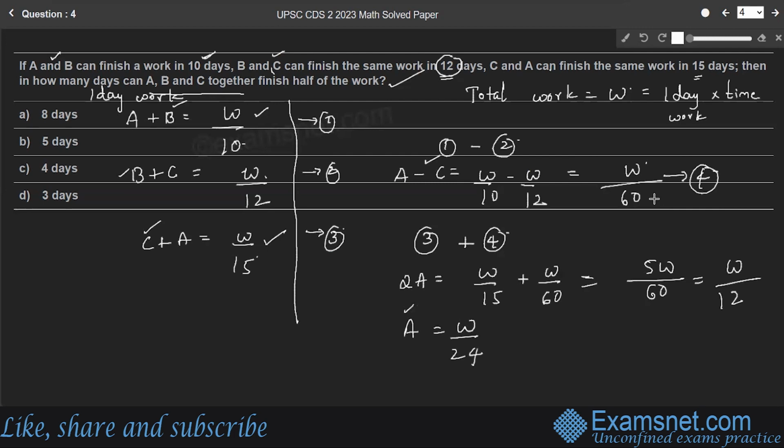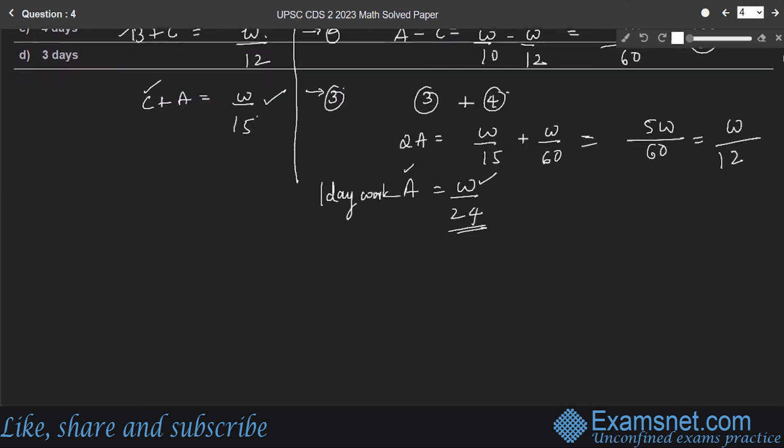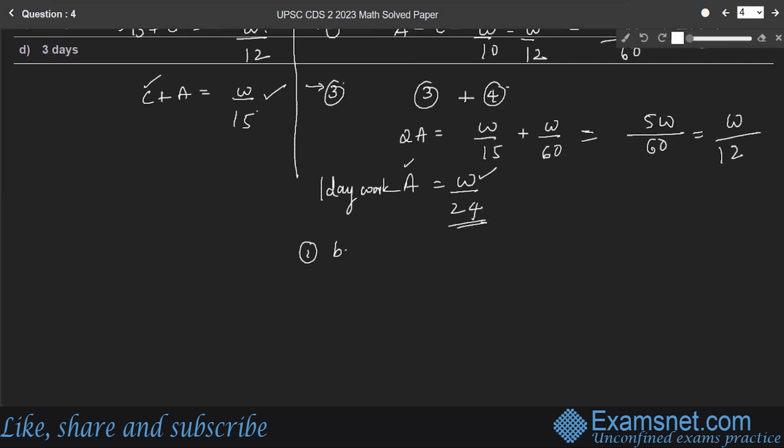So what is A? 1 day work of A. A takes 24 days of time to complete W amount of work. Whereas B takes how many days? For that, equation 1 says A plus B is W by 10.